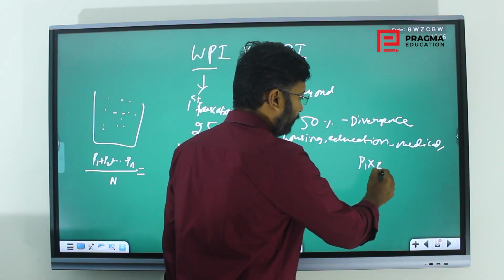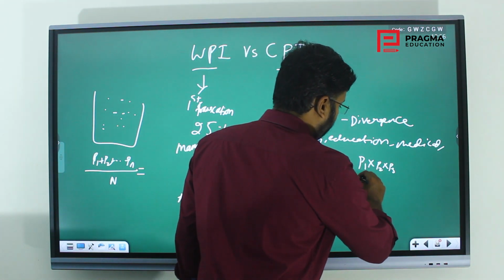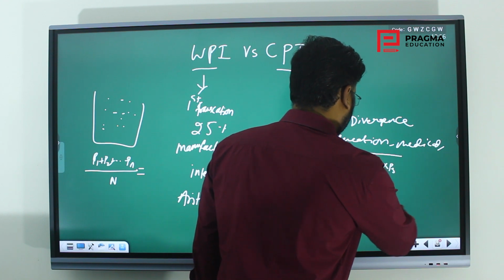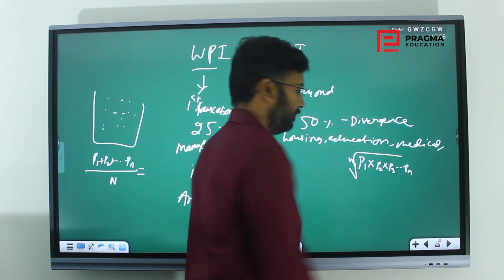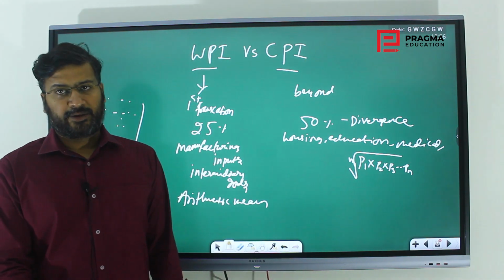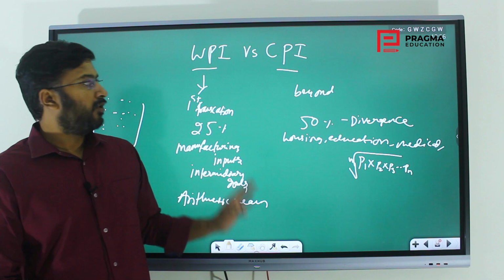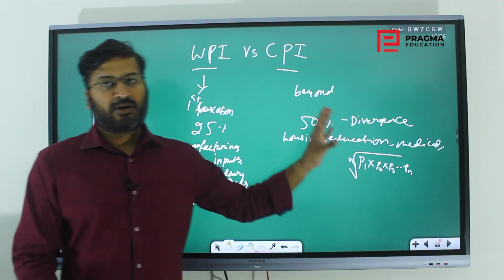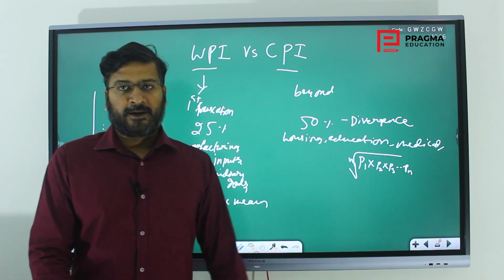It means P1 into P2 into P3 up to Pn, the nth root of that. This is the geometric mean. So these are the differences based on how they are calculated, what they calculate, and the concepts that emerge between these two, the dynamics between WPI and CPI.